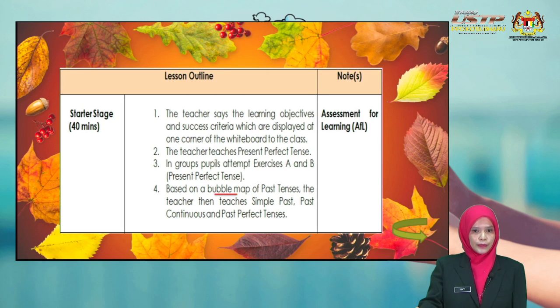In groups, pupils attempt exercises A and B for present perfect tense. And then, based on a bubble map of past tenses, the teacher teaches simple past, past continuous, and past perfect tenses. Let's look at the bubble map.